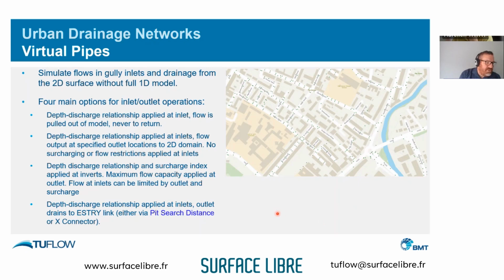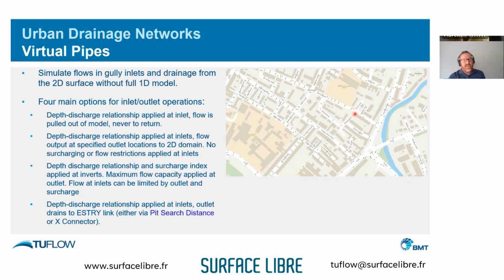The other approach, which is supported by some of the more recent versions of 2Flow, is to say, right, let's take flow from the 2D surface at these inlets. We're probably not going to represent the smaller pipes, but we might have a bigger subsurface network, and we might say, right, okay, these virtual inlets here, we're going to apply to a pipe down here.